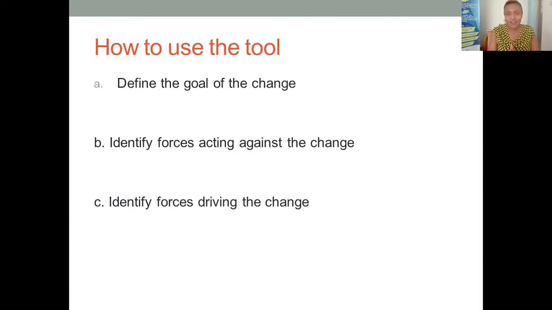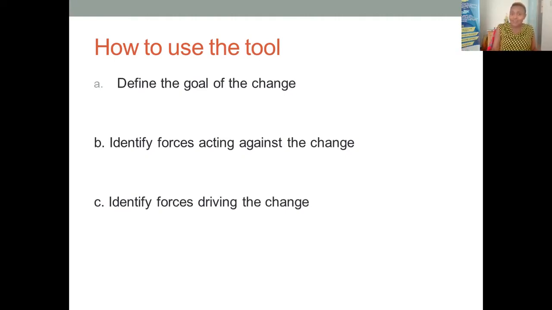or external? Once you have evaluated the forces acting against the change, which could either be internal or external, what are some of the things that are driving the change? Could be they're coming from still the internal environment and things that are favorable to the change.